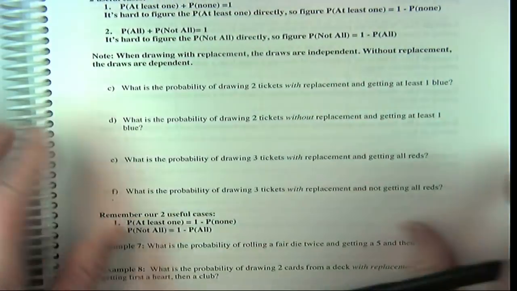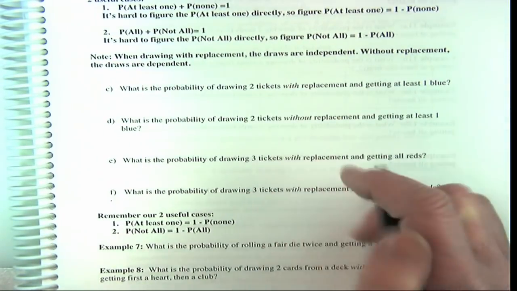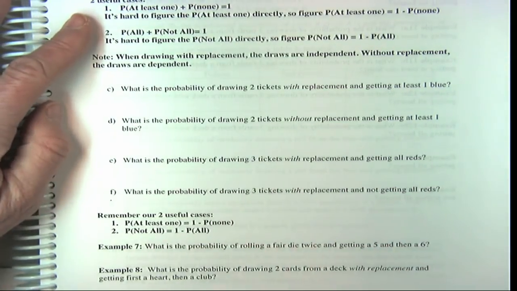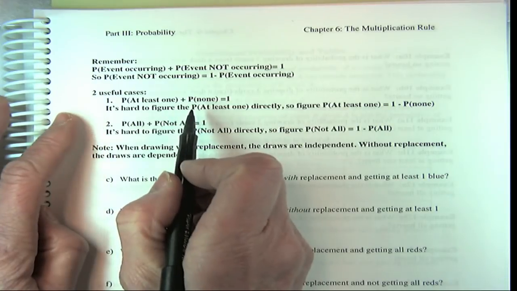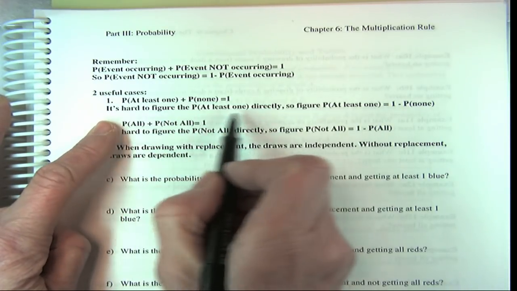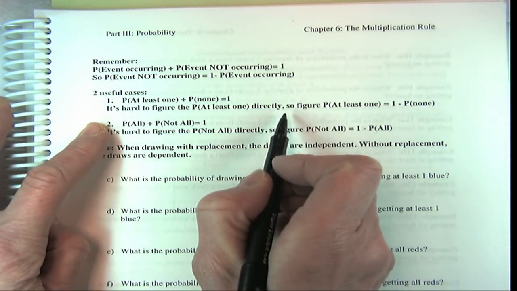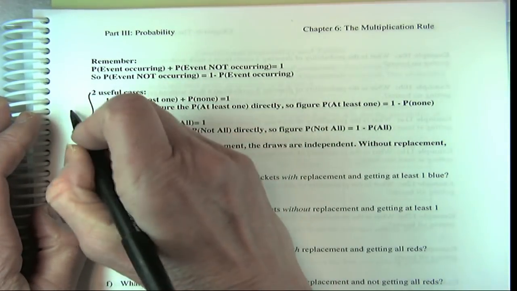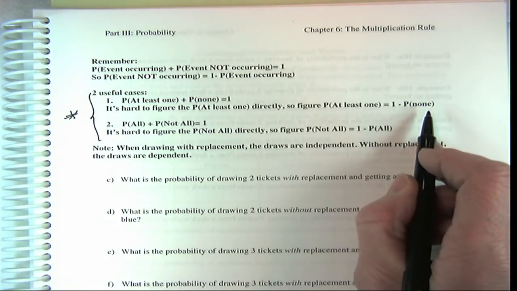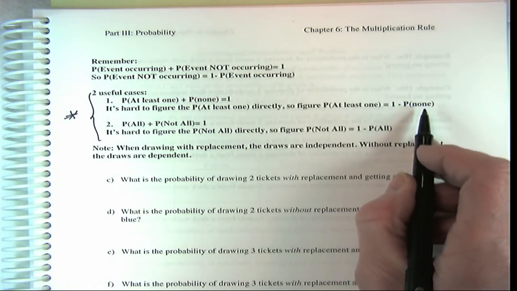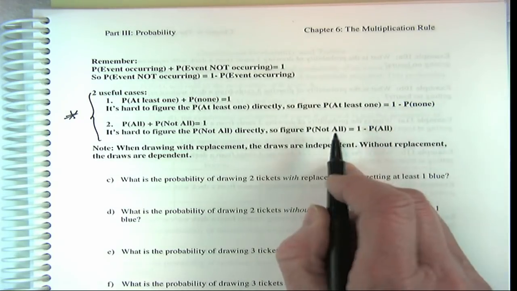Here are 2 useful cases of using the complement. The probability of at least 1 is hard to compute directly, and the probability of none is its complement. This is going to be easier. Same with not all and all.